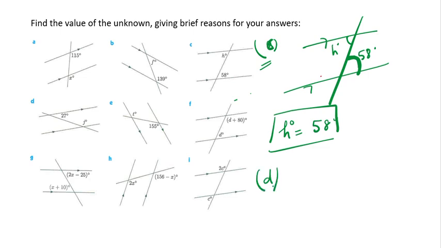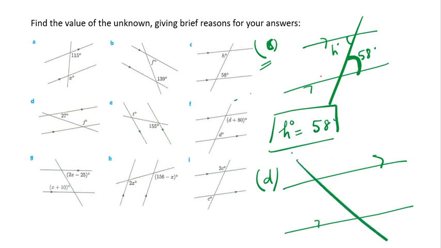So in the next D part, the lines are the parallel and this is our transversal line, and this angle is 27 degree and this is our j, and they are forming the same side interior angle.